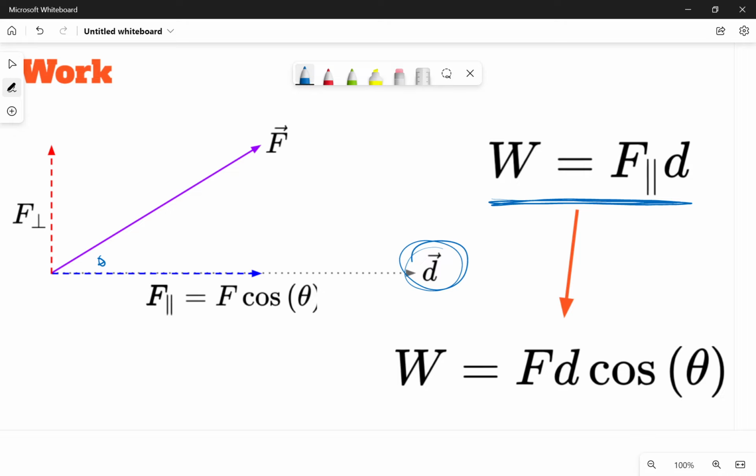If I decompose this vector to get this blue component, it's adjacent to the angle, so I'm going to have the magnitude of the force multiplied by the cosine of the angle. And that's how we get this other representation here. You'll see both of these in different places, and they're interchangeable. They're equivalent statements. Just remember that this angle has got to be measured between the force vector and the displacement vector.